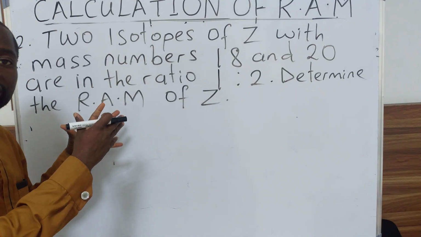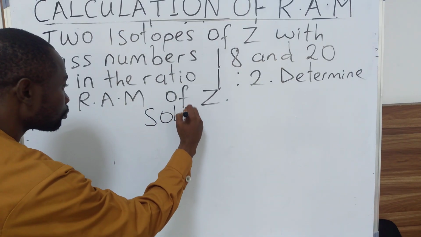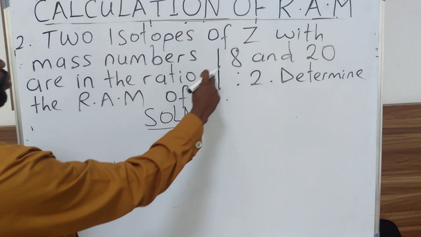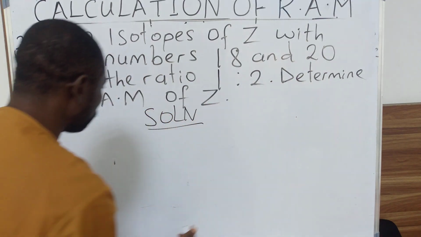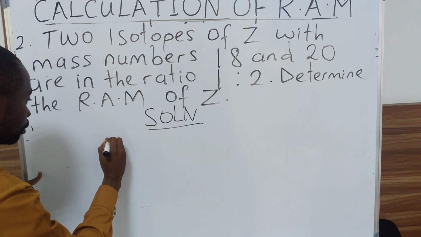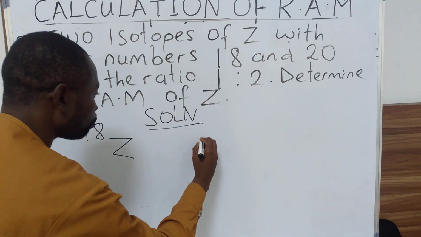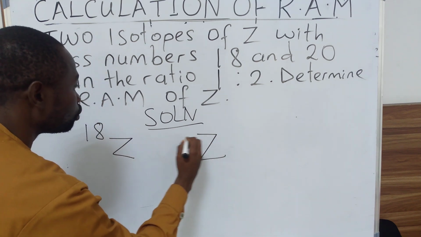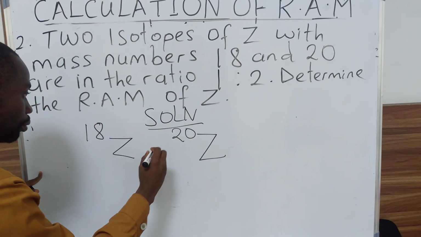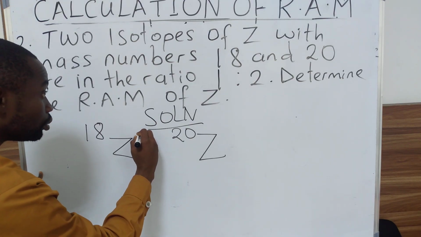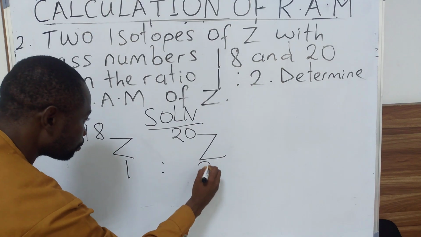So anytime you have a question in this format, these are the mass numbers 18 and 20. So we have the first isotope, Z18, and the second isotope, Z20, in the ratio 1 to 2.